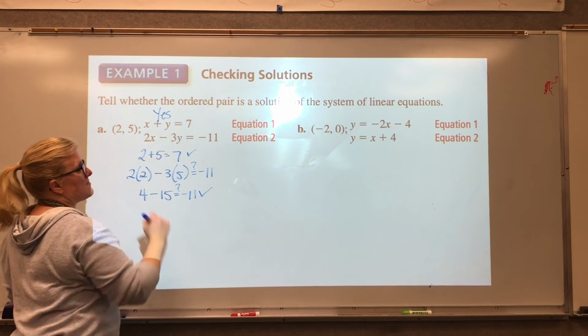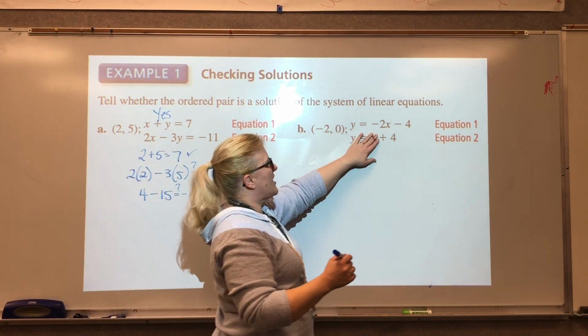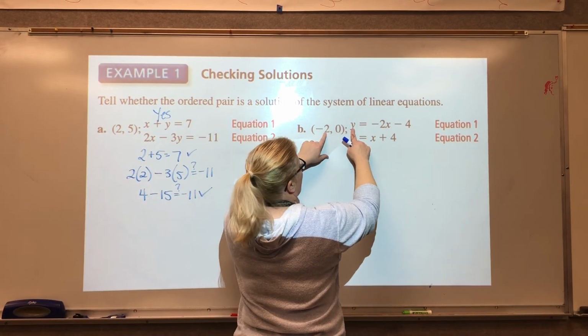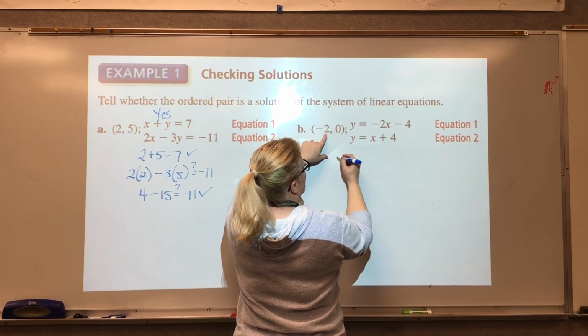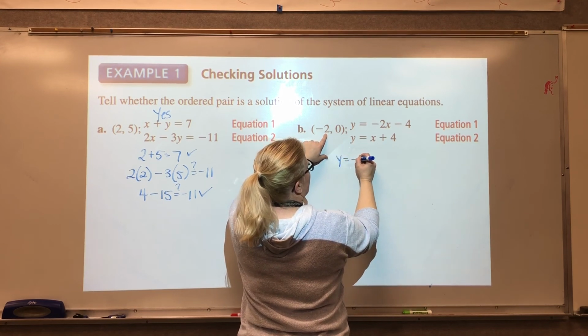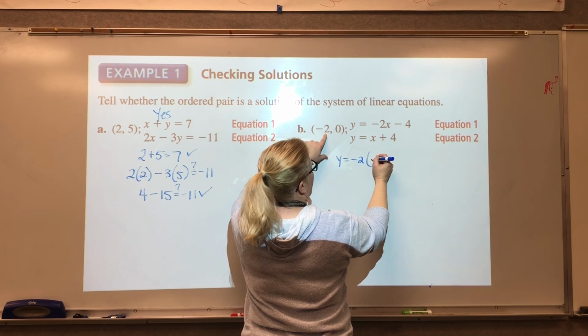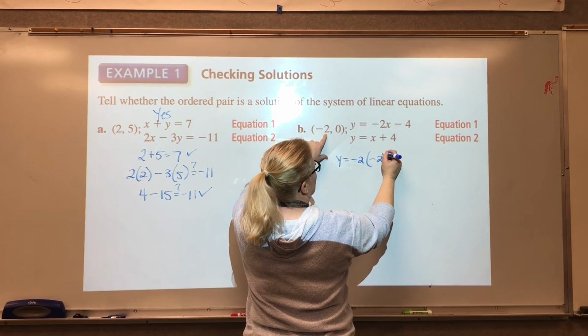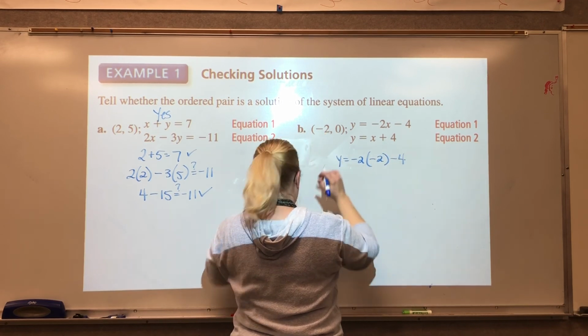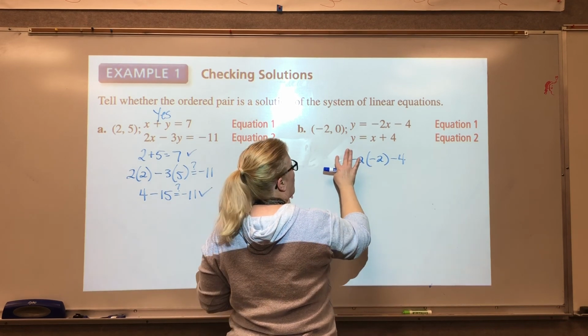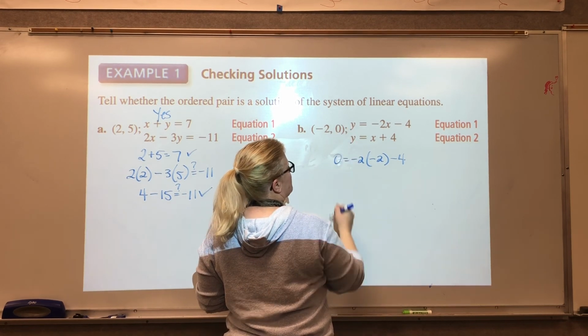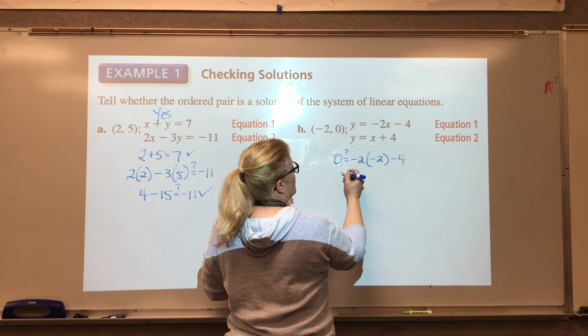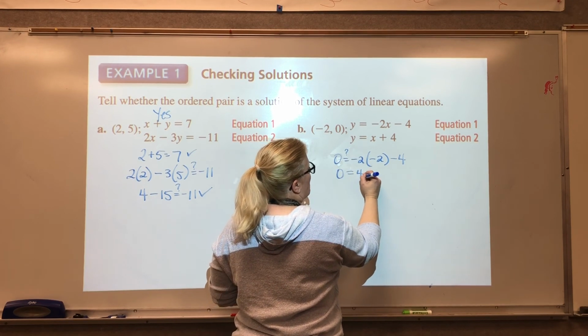So this is a solution. Let's try this one over here. We plug in x for negative 2, so y equals negative 2 times negative 2 minus 4, and I'm plugging in 0 for y. I want to know if this is true. So 0 equals 4 minus 4.